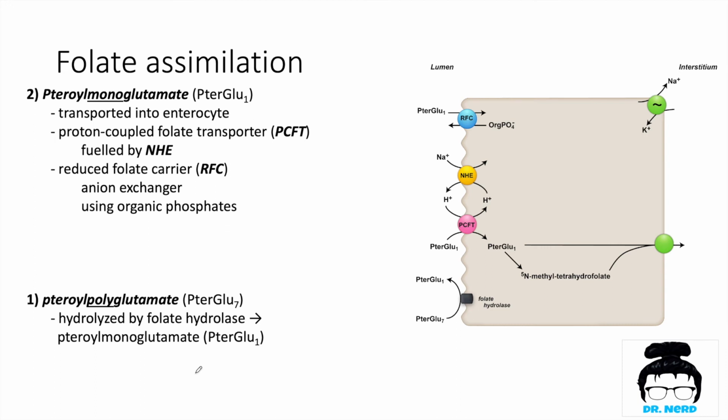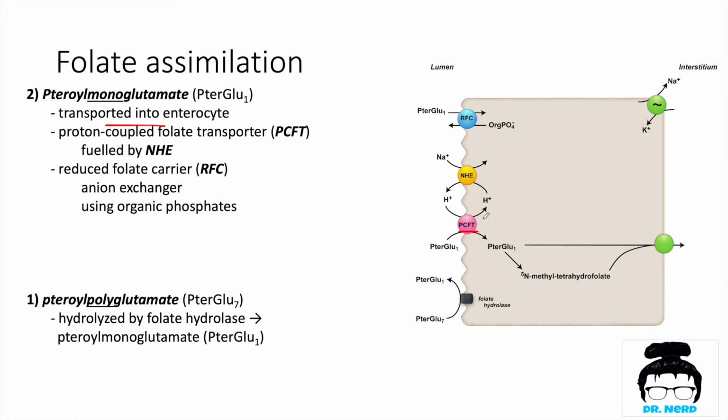The first one is the PCFT transporter, which is the proton-coupled folate transporter. It takes in the pteroyl monoglutamate into the cell with the help of the co-transportation of H+.